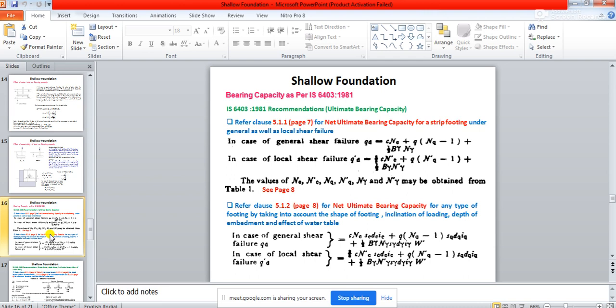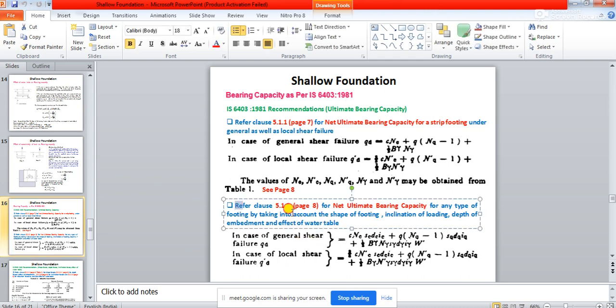That's what we have written also, right? So strip footing, general shear failure, local shear failure, we have understood. Now if we want to have this formula for any kind of footing, any type or any shape of the footing, or considering the inclination of the loading, depth of the embedment, and effect of water table.